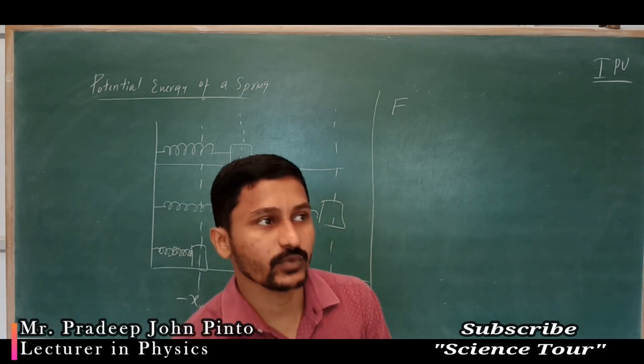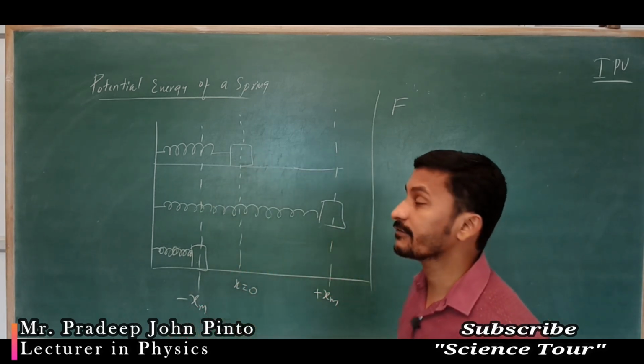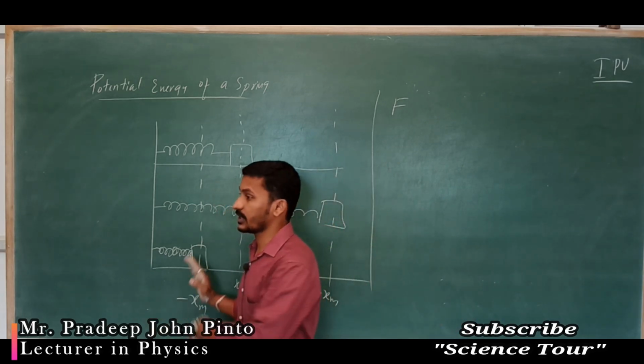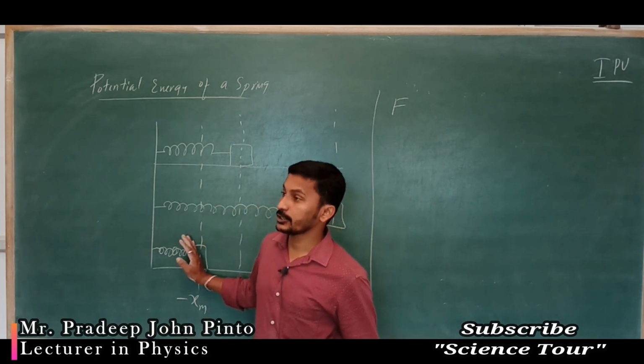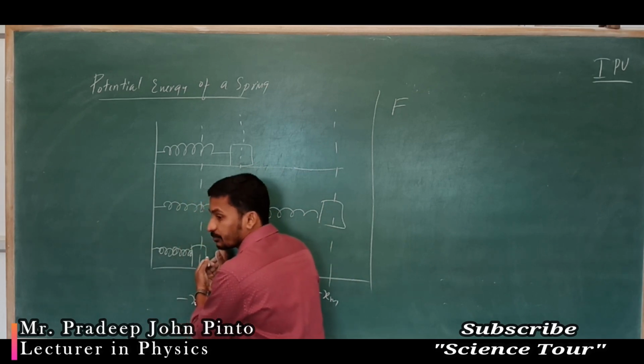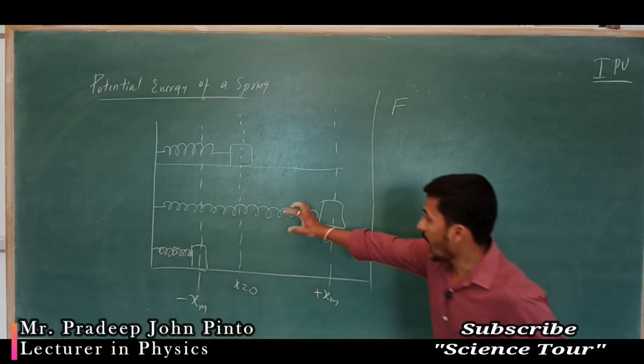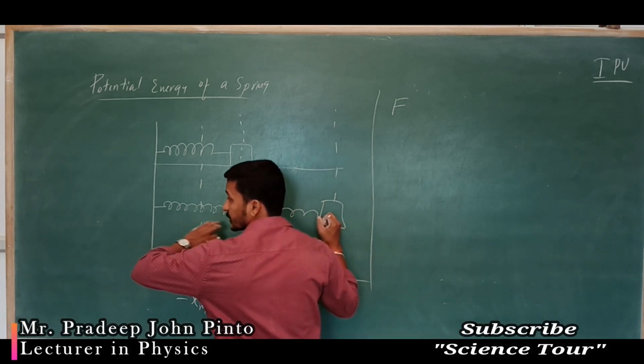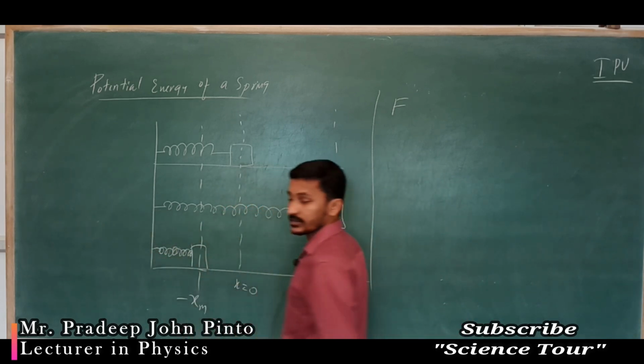So whatever it is, the spring force is a variable force. But how will you find out the spring force? The spring force is opposite to the applied force. I am applying the force, and the spring constantly pushes me in the negative direction. When I expand the spring, it constantly pulls me towards the compression, right?